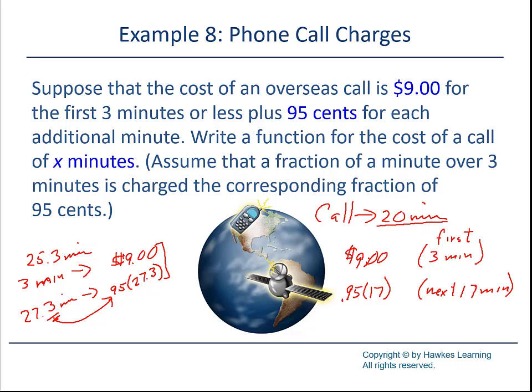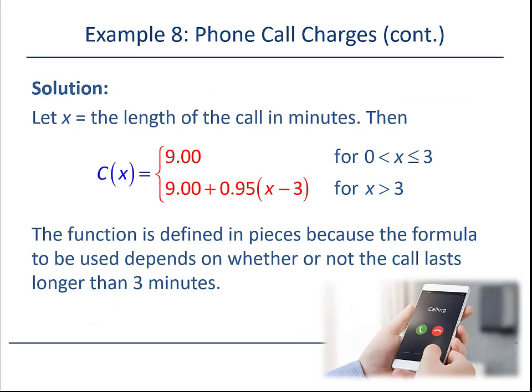So what does this look like? We've got two different operations going on. So let's take a look at it. This is called a piecewise function.